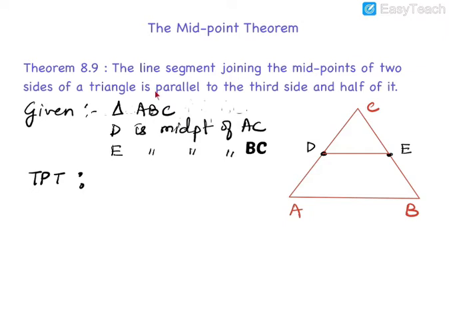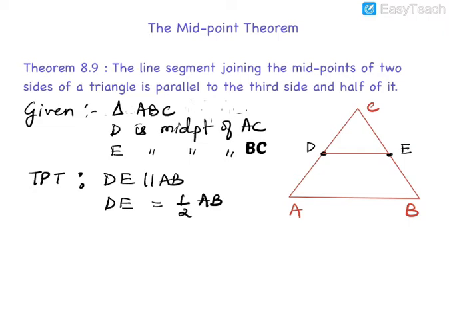That DE is parallel to the third side. Since the midpoints are marked on AC and CB, the third side will be AB. So we have to show that DE is parallel to AB and half of it. That is, DE is equal to half AB.